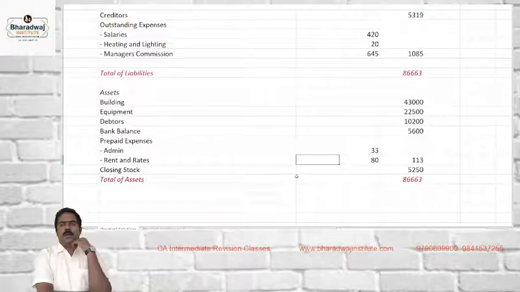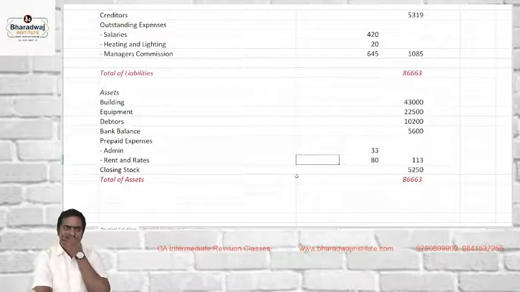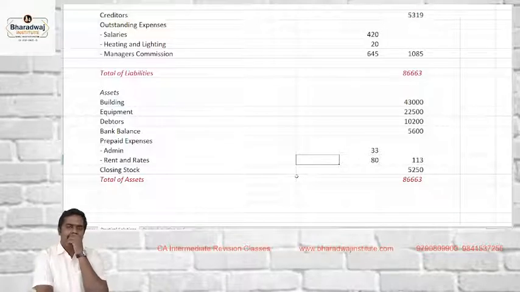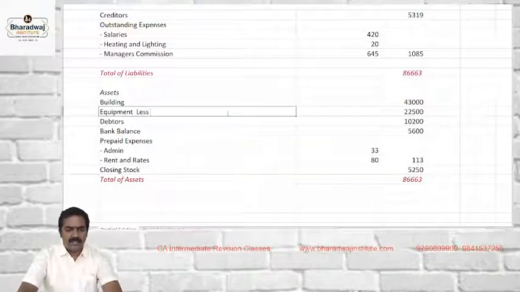So this problem primarily deals with which one? Apportionment of expenses. Equipment less depreciation.